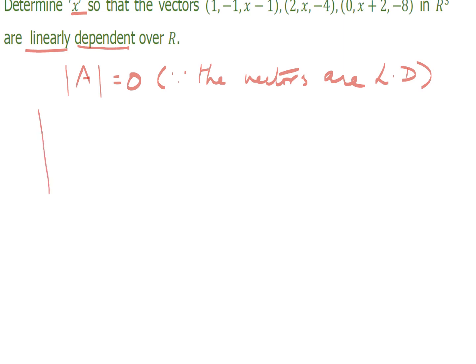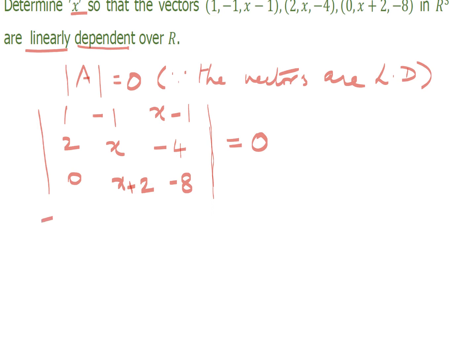Now let me form the determinant with these vectors. Let me first pick up the first vector and write it as the first row, second vector as the second row, third vector as the third row, and equate it to 0. Now we expand the determinant in the ordinary way.